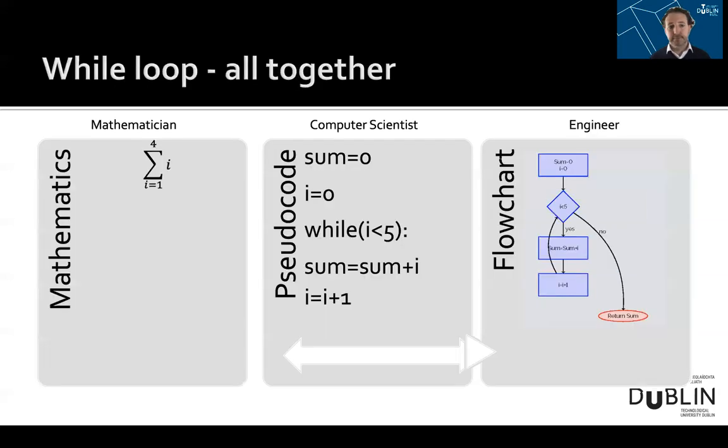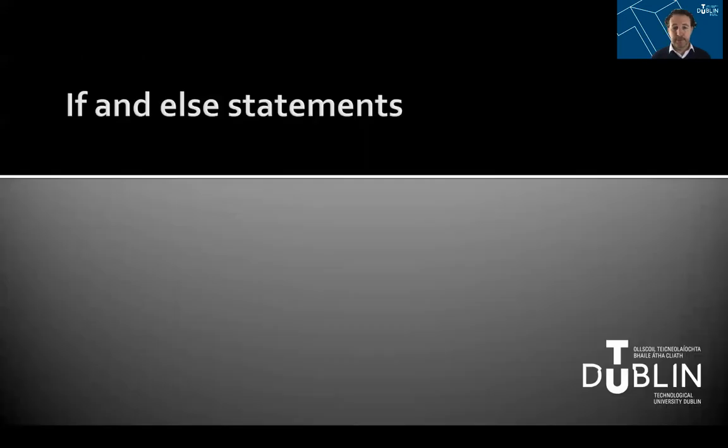Yeah? So here we have our while loop. The math's the same as the for loop because they're just the same thing. Then we have our pseudocode and we have our flowchart. All three are doing the same thing, but unlike with the for loop, you have a slightly different way of thinking of the hierarchy of it.